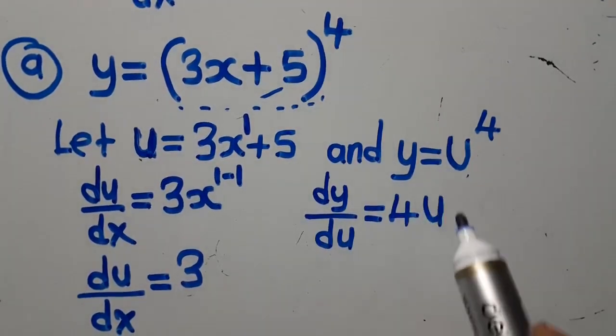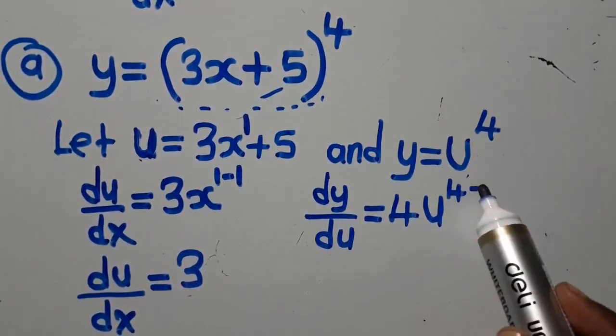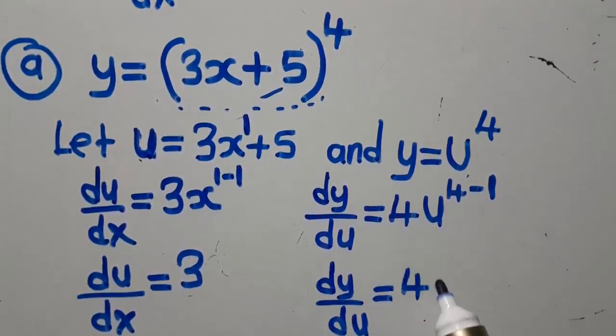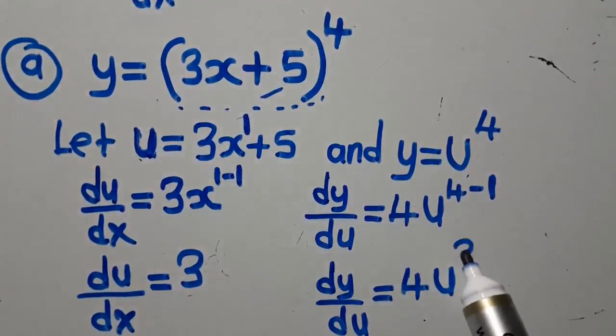You get u, and then 4 minus 1, so dy/du is now equal to 4u to the power 3. So we found two answers here: dy/du is equal to this, and du/dx is equal to that.